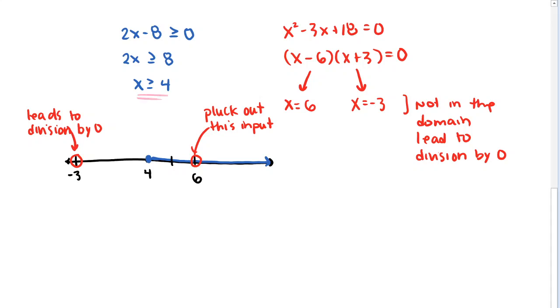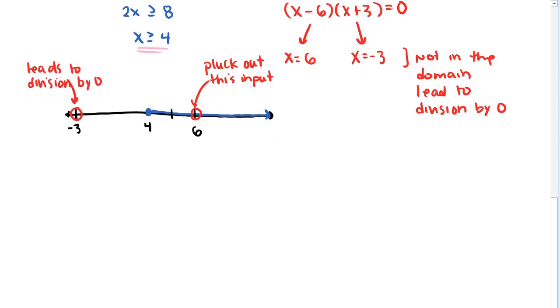So we don't really have to even consider it, as long as we capture the solution sets from 4 to 6, as well as beyond 6. We've really got all the values that make sense for our domain. So negative 3 wasn't even going to be included, sort of not included doubly so. So this is the domain of our function q of x.